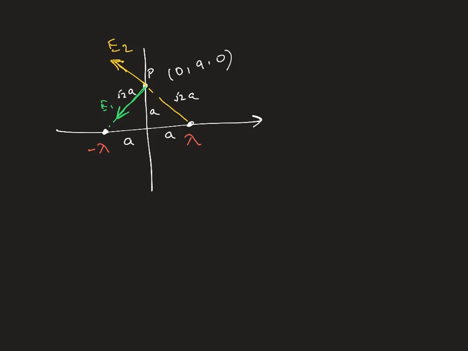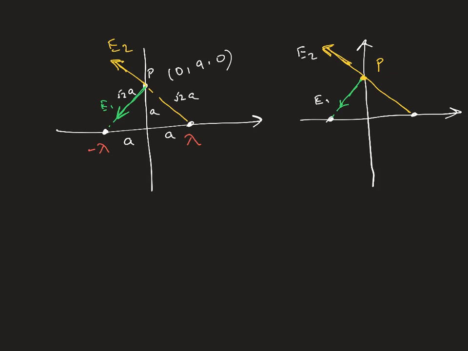Let me draw the diagram separately. There is an E1, this is point P, there is an E2, and you will notice that both E1 and E2 will have the same magnitudes.